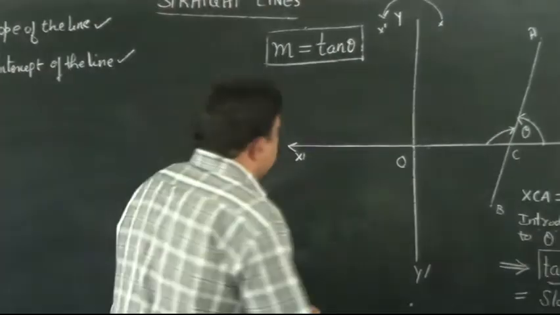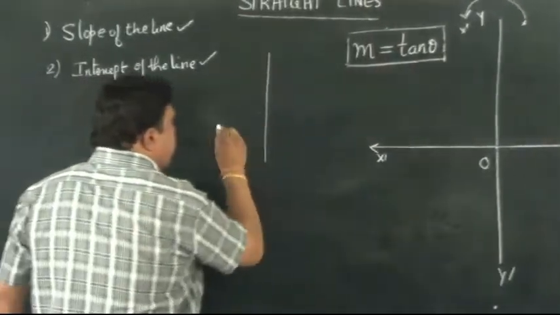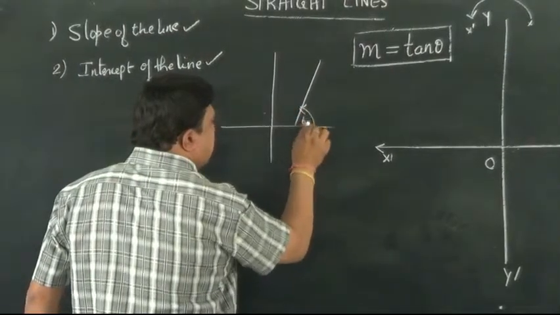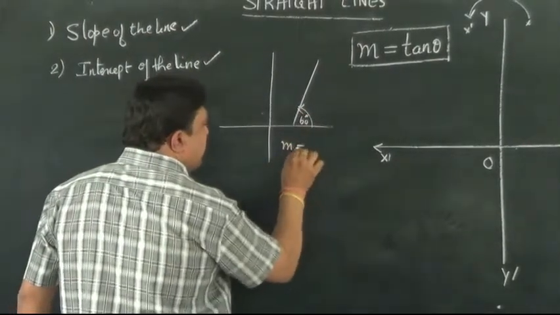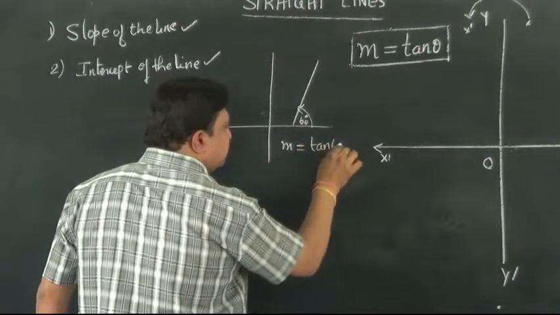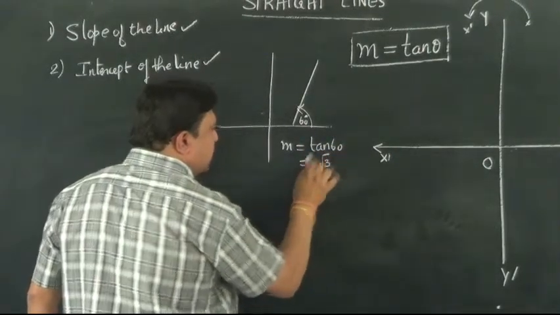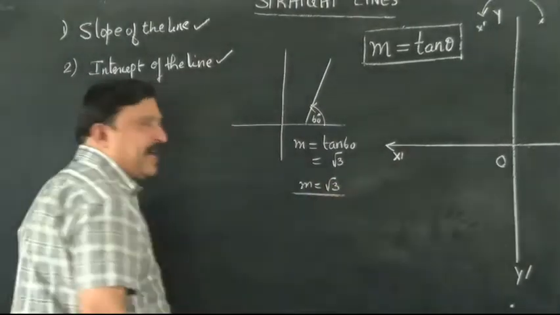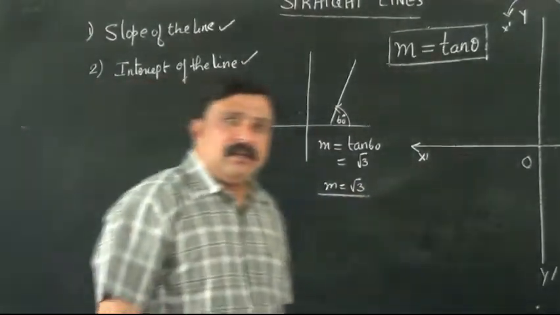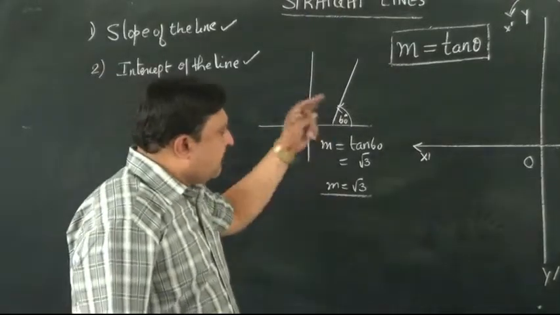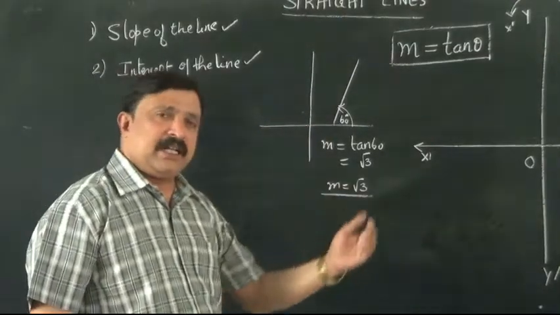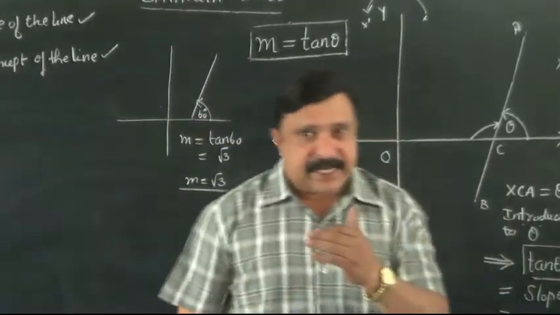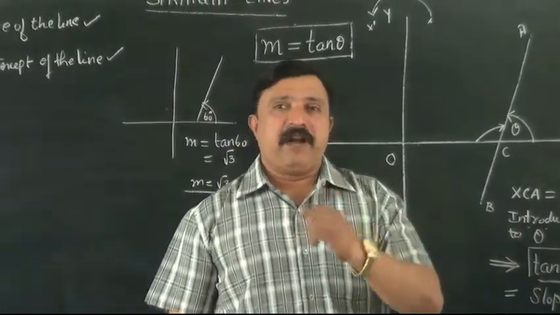For example, if a line makes 60 degree with the x-axis in positive direction, then its slope is tan 60, and that is equal to root 3. So remember that the slope is a real finite number, and it is always obtained by considering the tangent of the angle made by the line with the x-axis in positive direction.